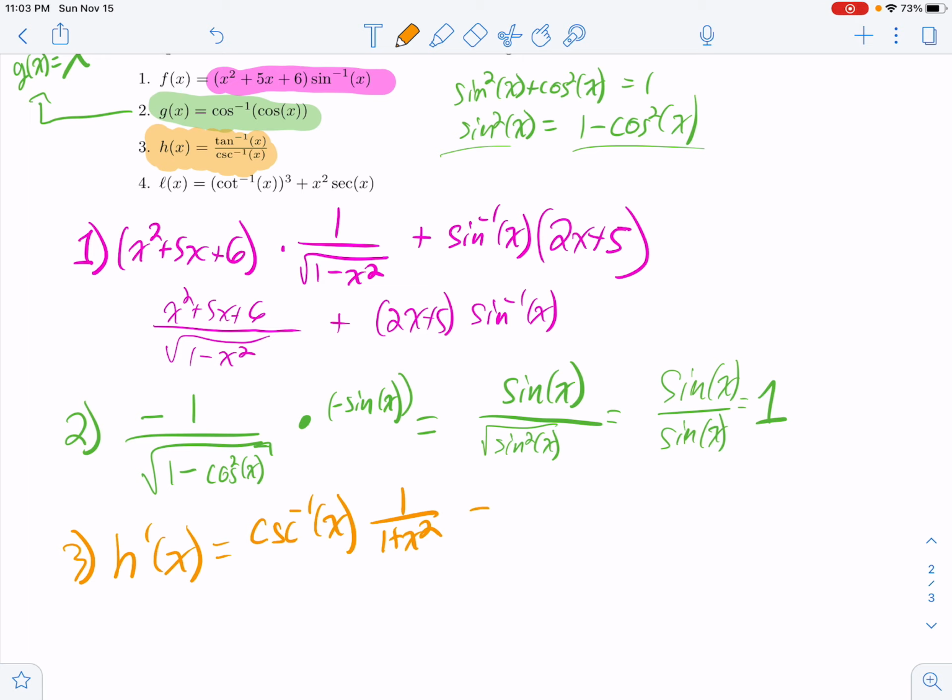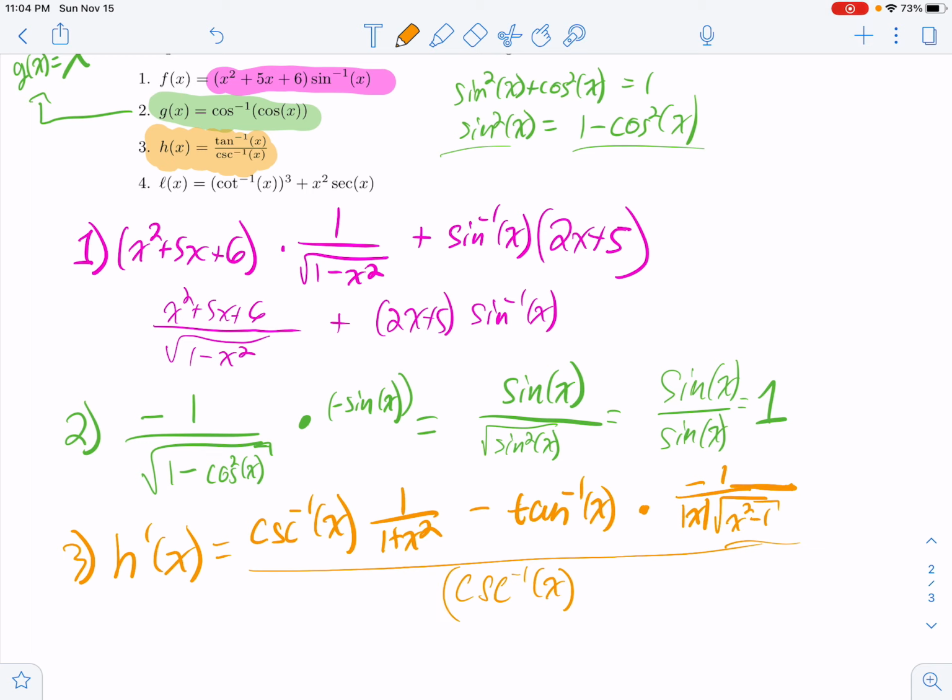Low d high minus high, tan inverse x, d low, which is the derivative of inverse cosecant, which is negative 1 over the absolute value of x times the square root of x squared minus 1. Low d high minus high d low, all over low squared, which we would write as cosecant inverse of x squared.